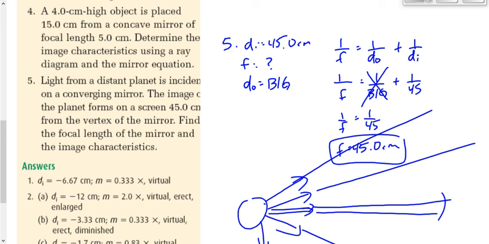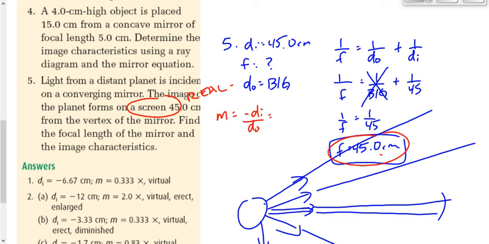What about the image characteristics here? Boy, we know it's real. Sorry, second here. Forms on a screen, so we know it's real. Right? What else do we know here? Let's say m is equal to negative di over do.